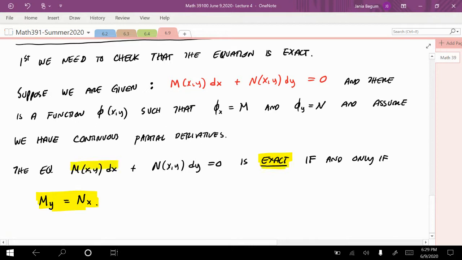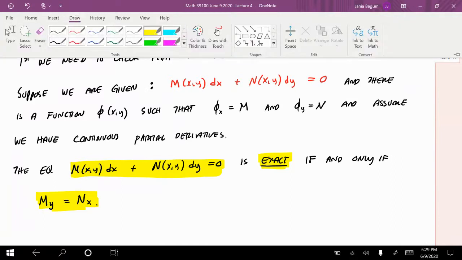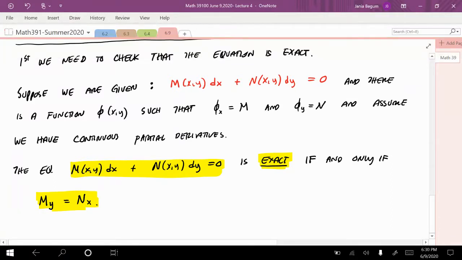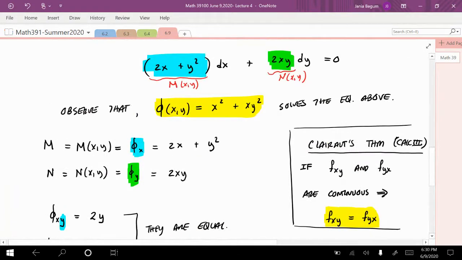Okay, so any questions up to here? Now, before I show you the method, let me give you another background. So what is this function phi? So again, I'm going back to this example we have written. We had m as 2x plus y squared and n as 2xy.